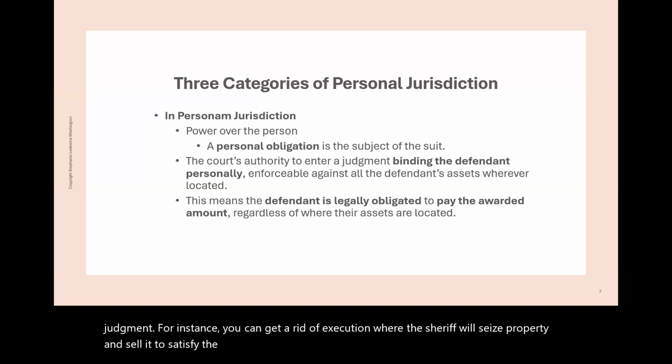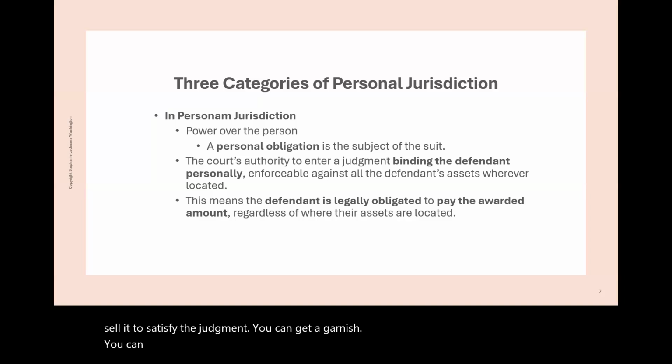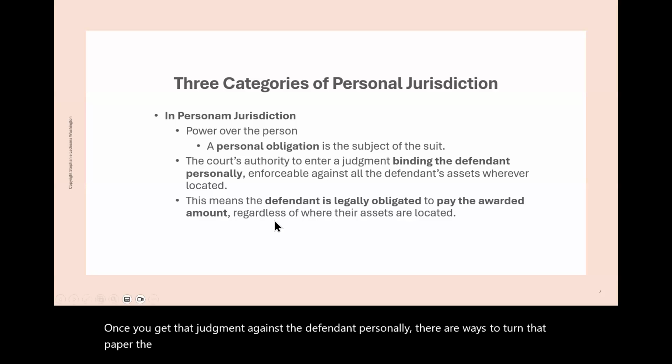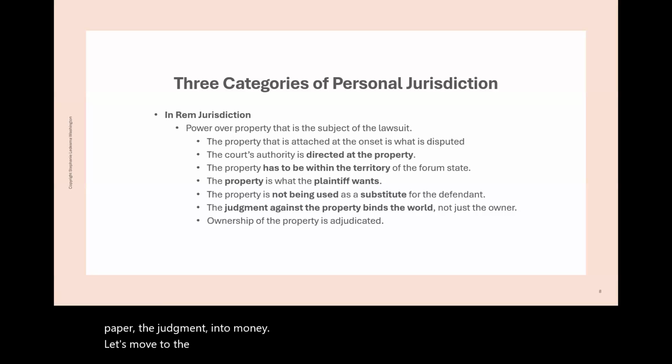You can get a garnishment, you can get a lien, but we're not going to get in deep with methods of debt collection or methods of satisfying judgments. But it's enough to know that once you get that judgment against the defendant personally, there are ways to turn that paper, the judgment, into money. Let's move to the second category.